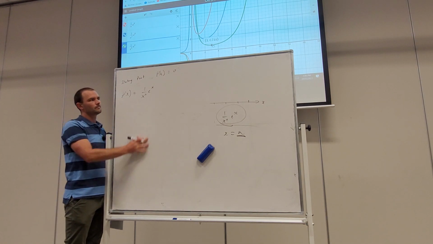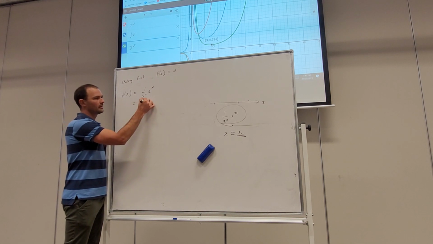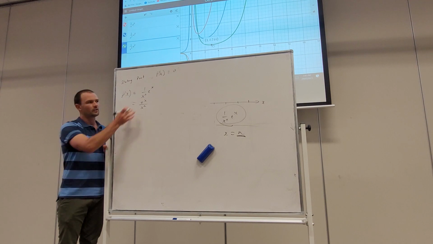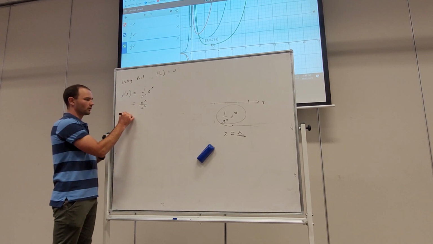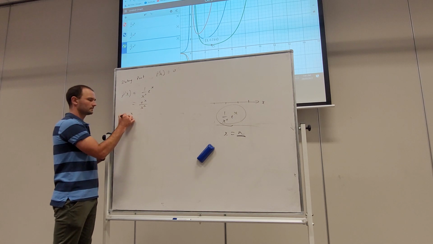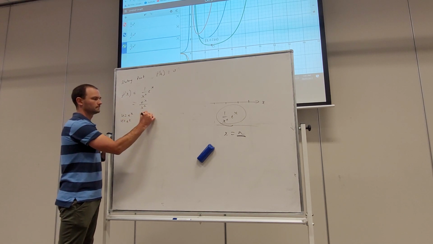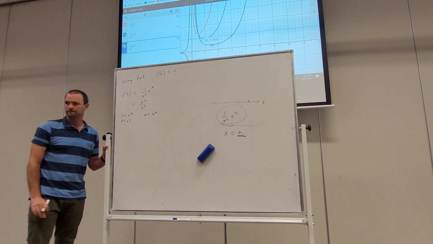So from here, there's a couple of ways that you could go about it. I'm going to treat it like this. I'm going to say this function is e to the x on top of x to the n. All right, u on top of v, and now I'm going to use the quotient rule. We've got u is e to the x, u dash will be e to the x, v is x to the n.